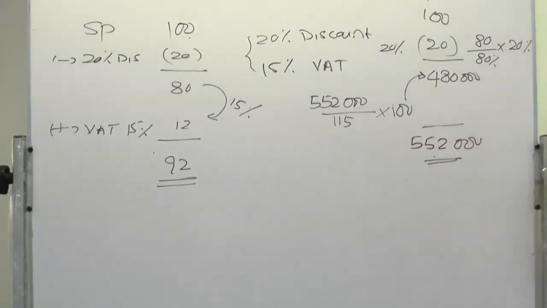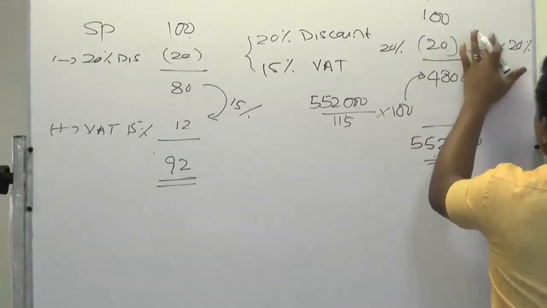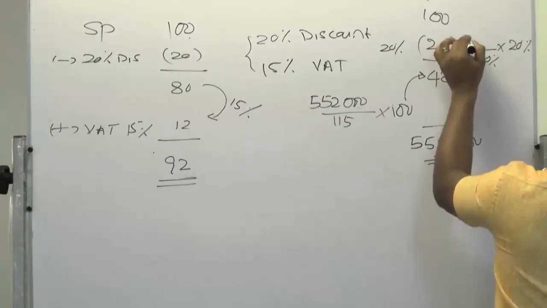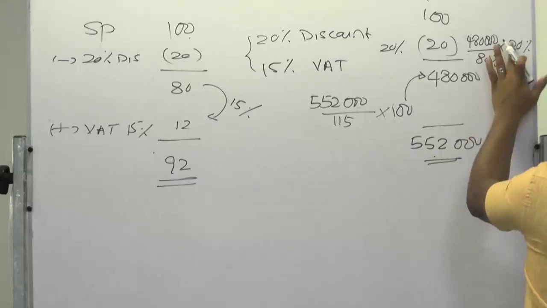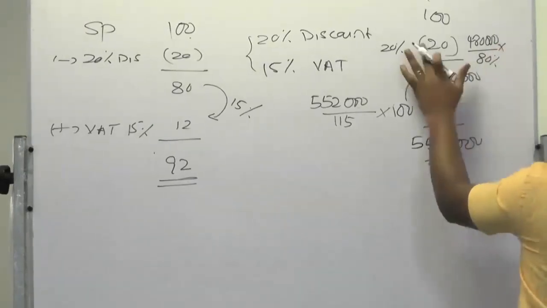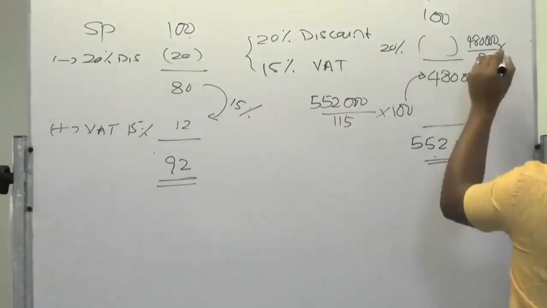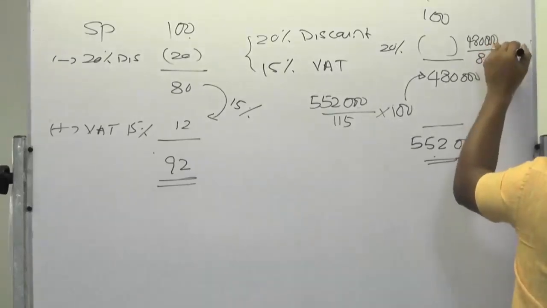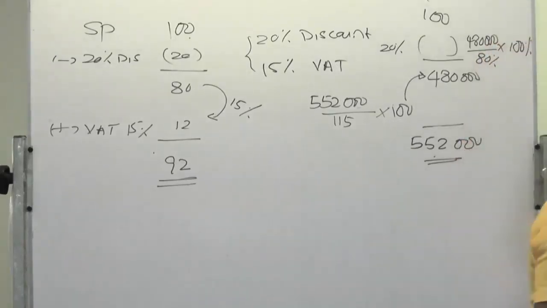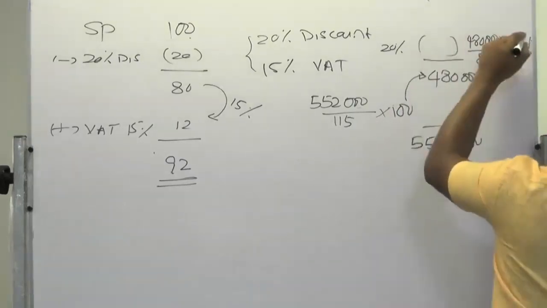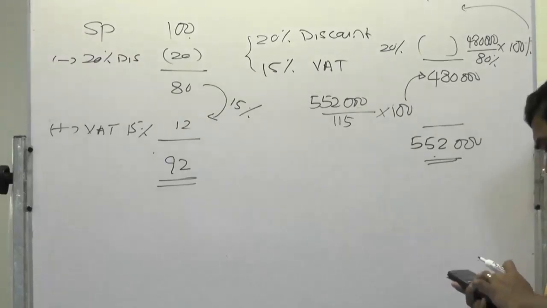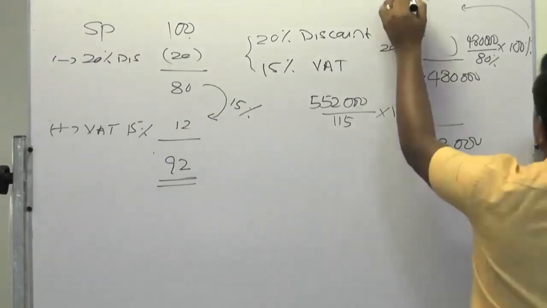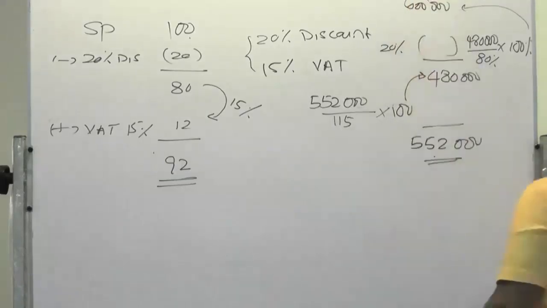Now we need the original price before deducting discount. You know our discount is 20%, therefore 480,000 will be divided by 80%. If you multiply it by 20%, you can have the discount, but if you multiply it by 100%, you can have the original selling price directly. Therefore this divided by 80%, then price will be 600,000.